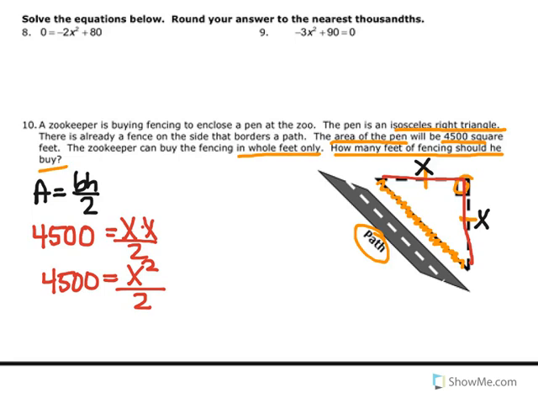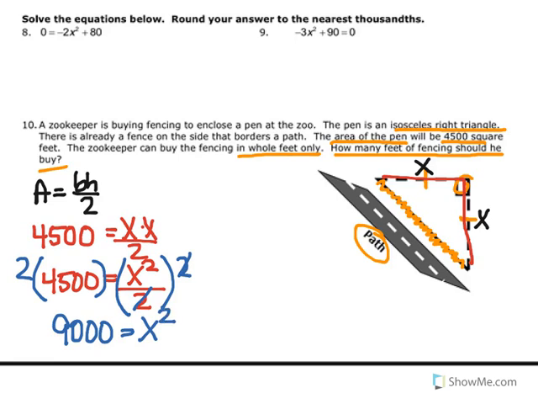Now the simplest and easiest way to get rid of a fraction is to multiply by the denominator. So if I do it on that side, I have to do it on both. So I get 9,000, and these twos cancel out, is equal to x squared. Now how do we solve for x at this point? We take the square root.